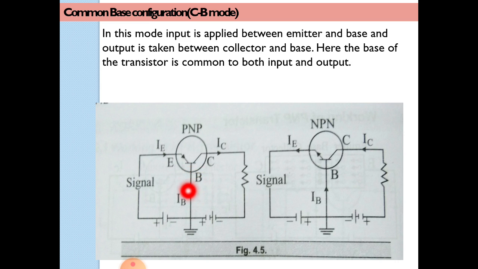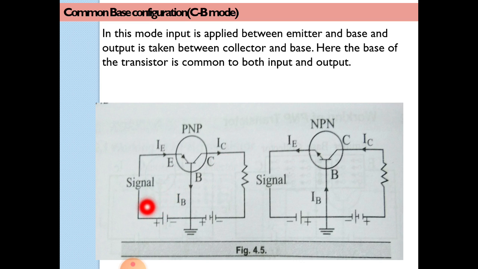Hence you can see this base terminal is grounded. Similarly, here in NPN transistor, the base is common for both input circuit and output circuit. Hence this base is neutral and it is grounded in this circuit diagram. So this is the circuit diagram in the common base configuration.